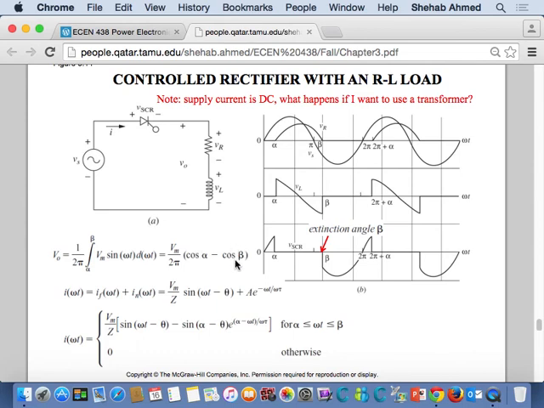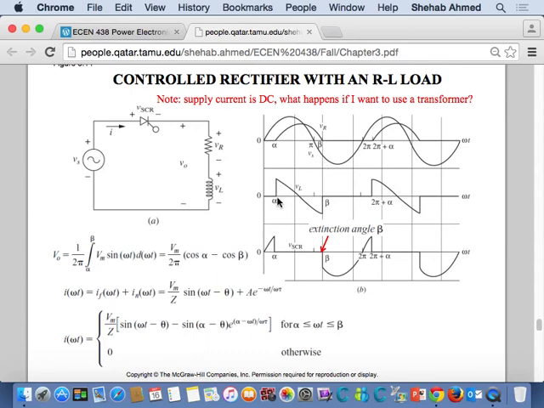So if I make cosine beta equal to 1, and cosine alpha equal to minus 1, I can, theoretically speaking, if the inductance is very, very large, make the output voltage look negative. But the catch is, it has to start when it's positive.